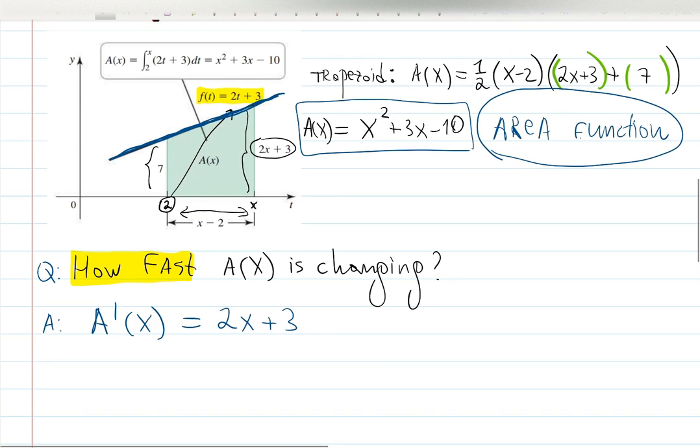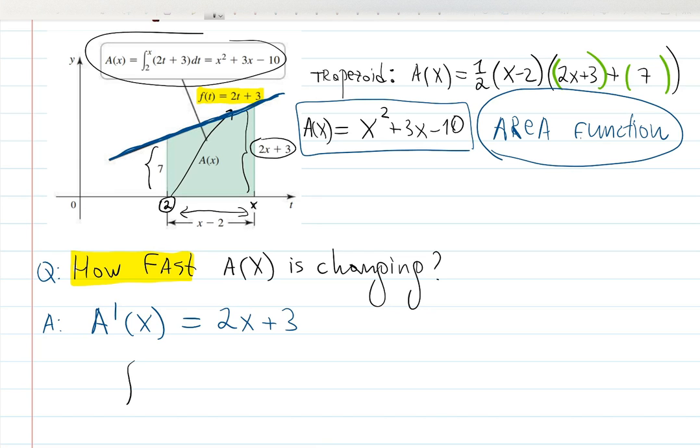We built the integral from 2 to x of the function 2t plus 3 dt. That integral gave me x squared plus 3x minus 10. Then I differentiated that result.